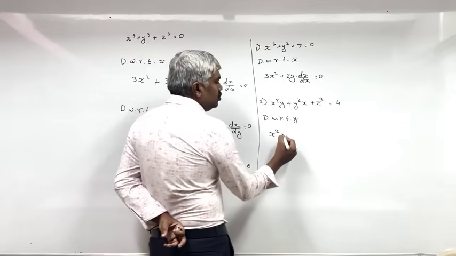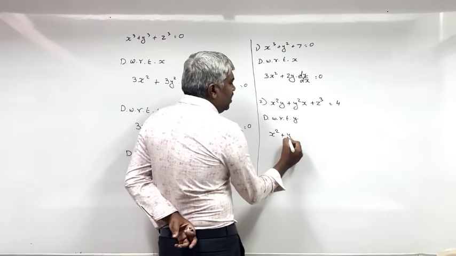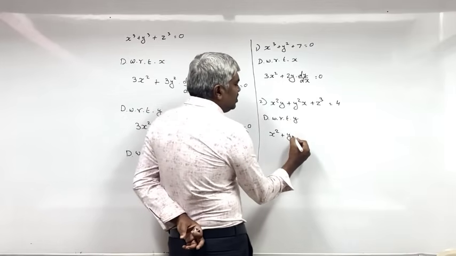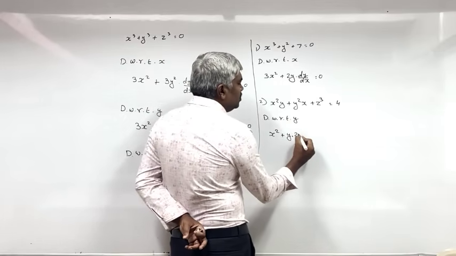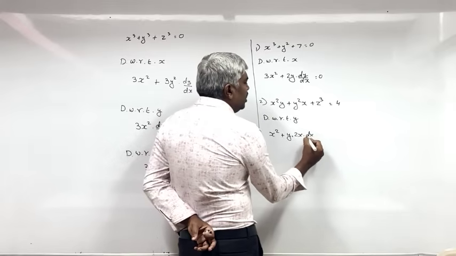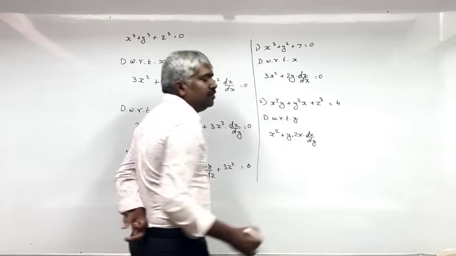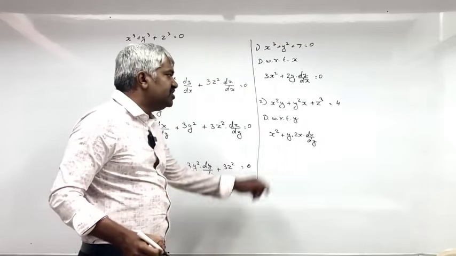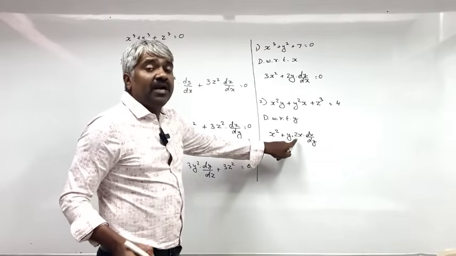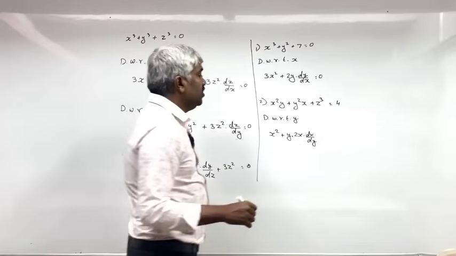Then differentiate x square: differential of x square is 2x into dx by dy, since the variable is x but we are differentiating with respect to y.